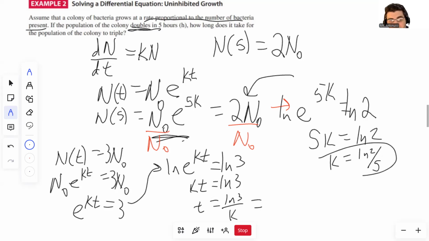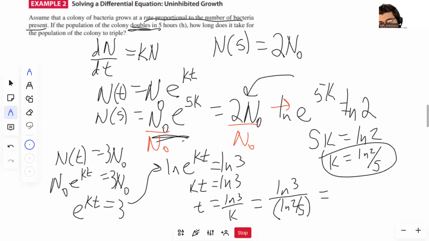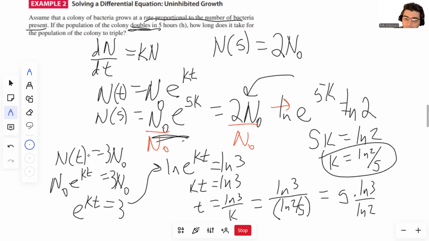We already solved for k over here, so it's natural log of 3 over natural log of 2 over 5. Now you're dividing by a fraction there, so you can multiply by the reciprocal, and we would have 5 times natural log of 3 over natural log of 2. Now, a couple things here.